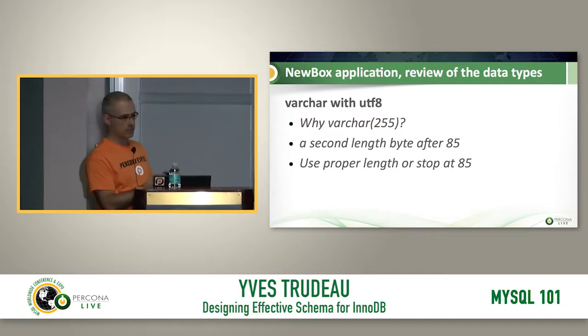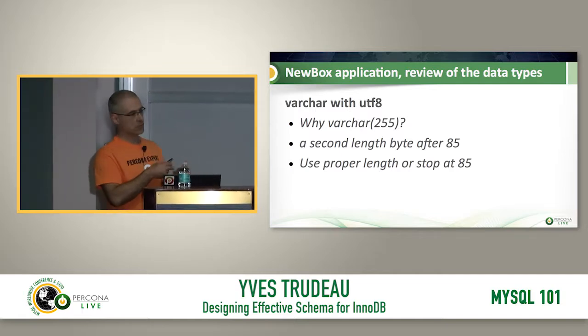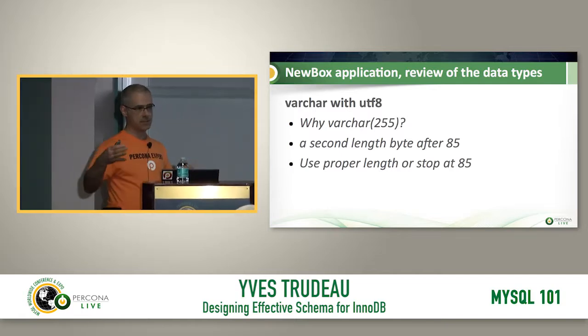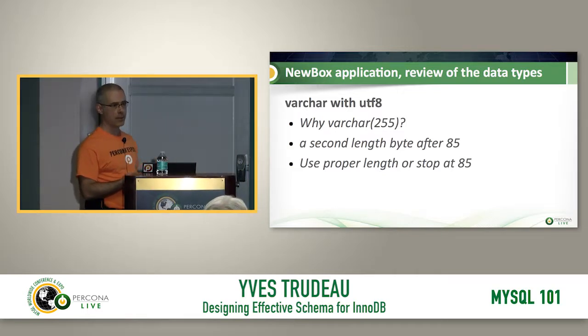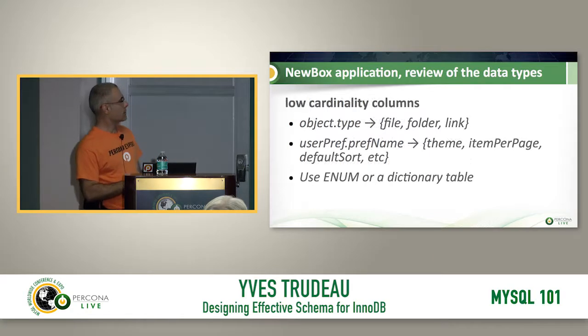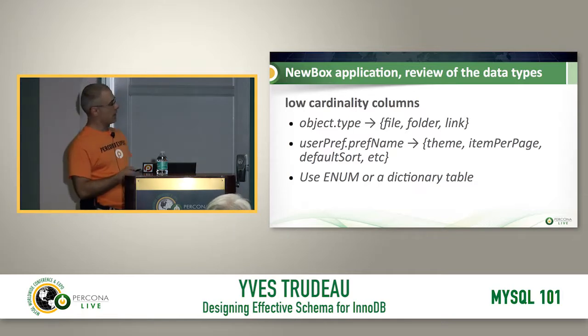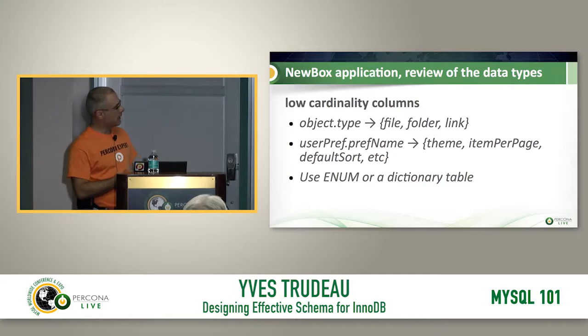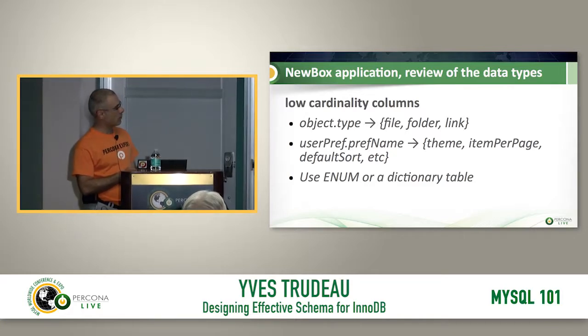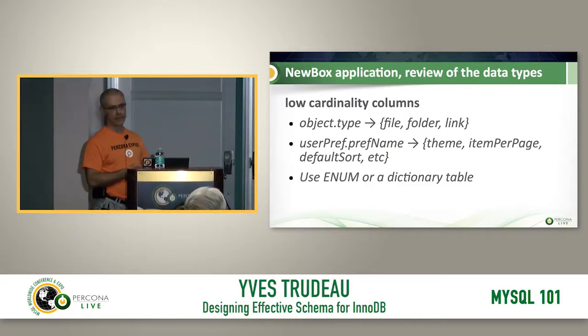In such a case, if you just want to max the 1 byte length, use 85, or define a proper length that your application will limit. Low cardinality columns. Let's say you have object type, which is defined as a varchar. It can have only file, folder, or link.